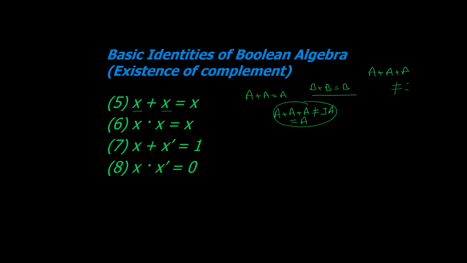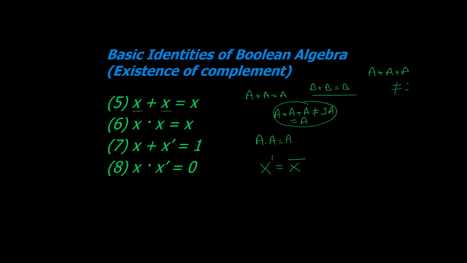x and x will be equal to x. So you can also see here, a dot a will be equal to a. Bar is a complement here. You can write this bar two ways; this is x NOT.